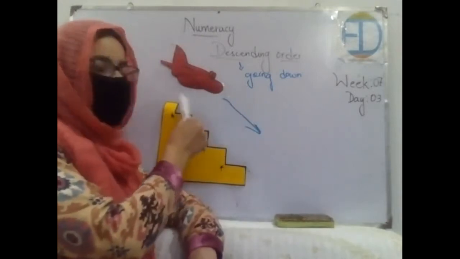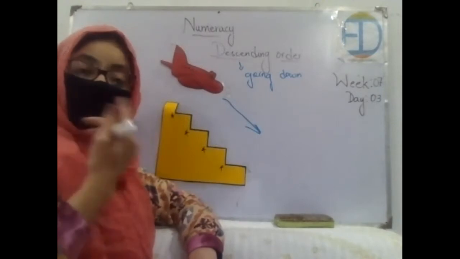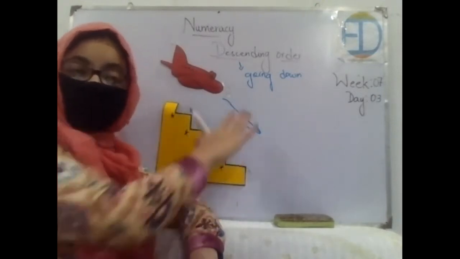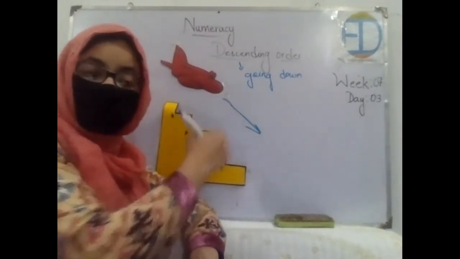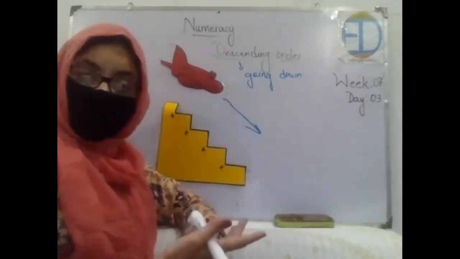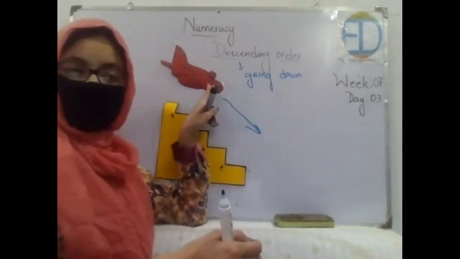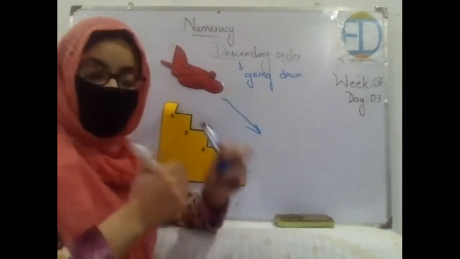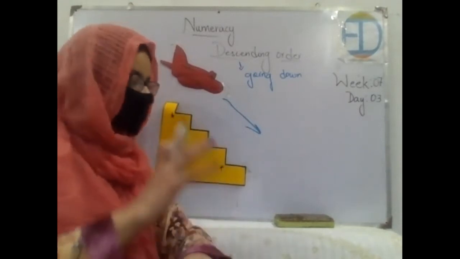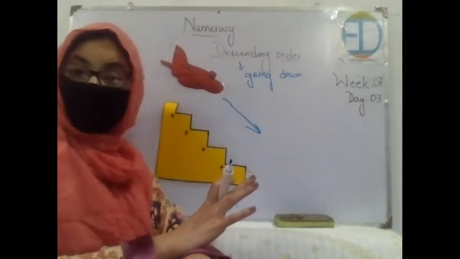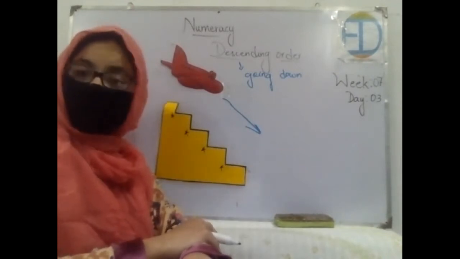But in today's class, because we are discussing descending or decreasing order, we will start from the highest number and then move toward the lowest one. This means we will be moving in the downward position, and that is why the aeroplane is also moving downward. So before doing the practice in your book, I'll write some numbers for you, and then you will tell me how we can write them in descending order.